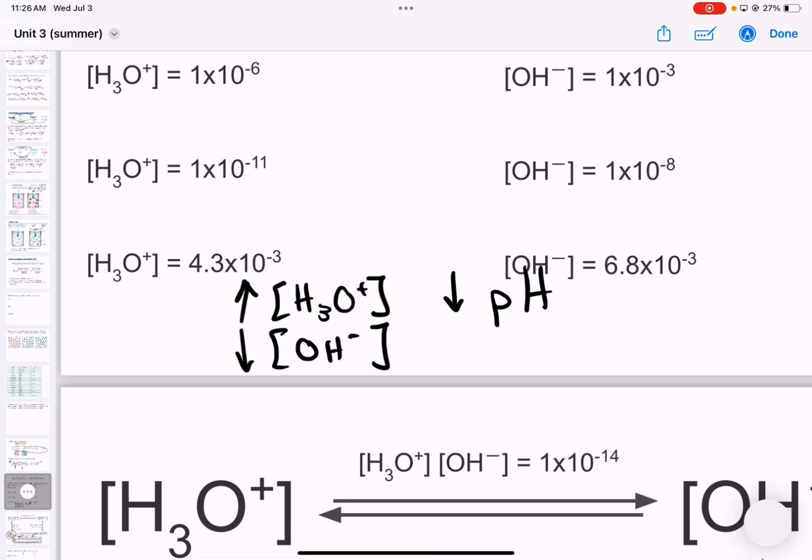So any solution that has a pH less than 7 is acidic, which basically just means that it has more H3O plus than OH minus. It has a high H3O plus amount and a relatively low OH minus amount.